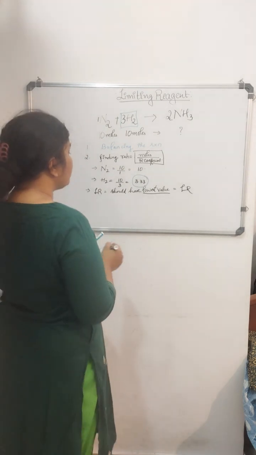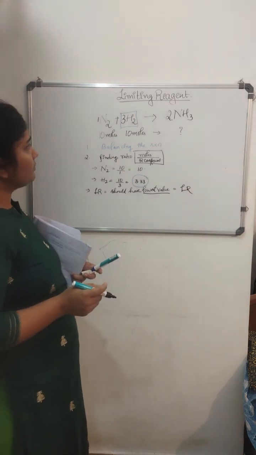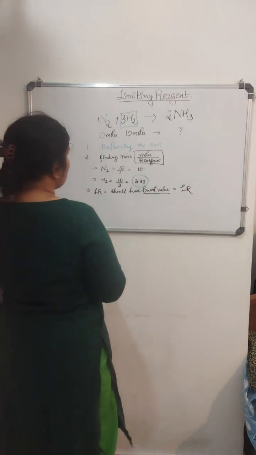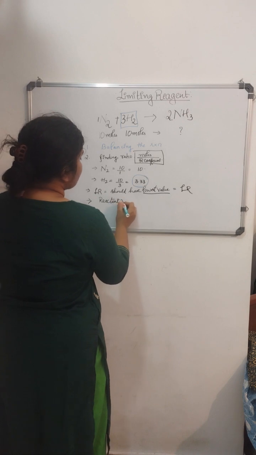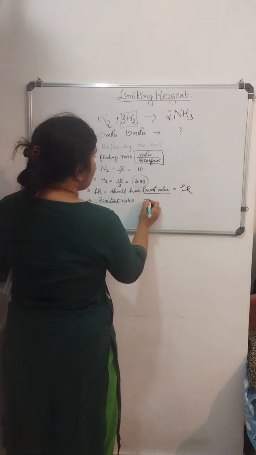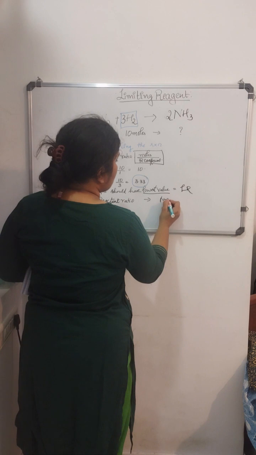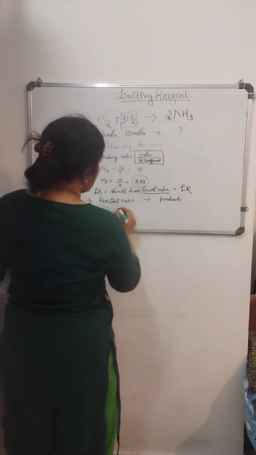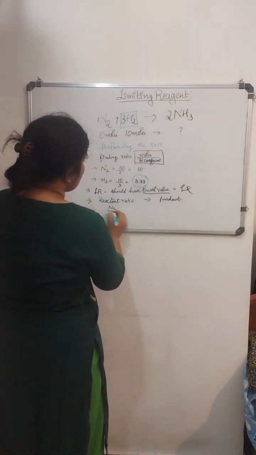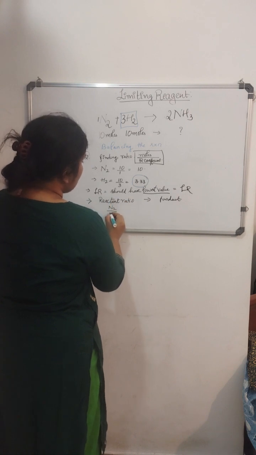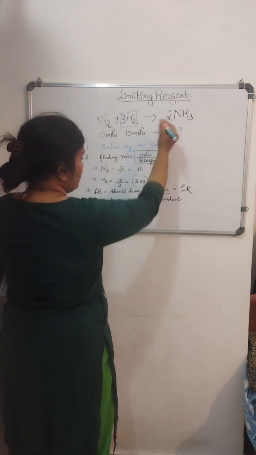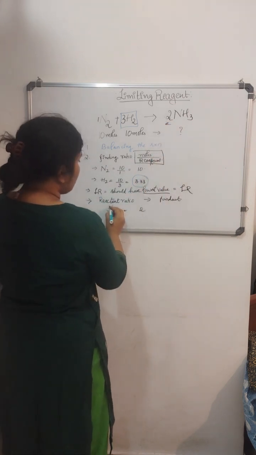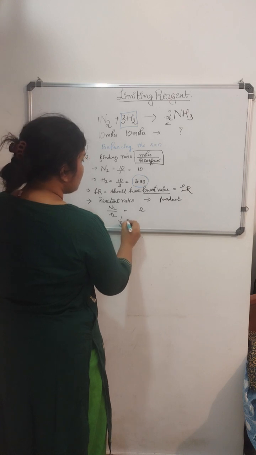Now the next question can be, does the question belong to the LR category or not? How do we find that? To find that, we will see the reactant ratio and product ratio. They shouldn't be the same. So for reactants, the nitrogen reaction coefficient divided by hydrogen is 1 by 3, and on the product side it is just 2, because the reaction coefficient of NH3 is 2.